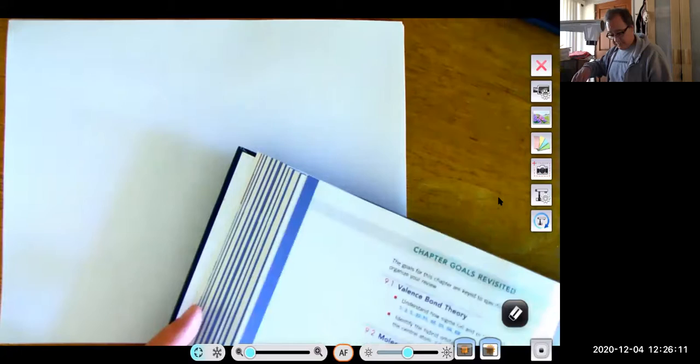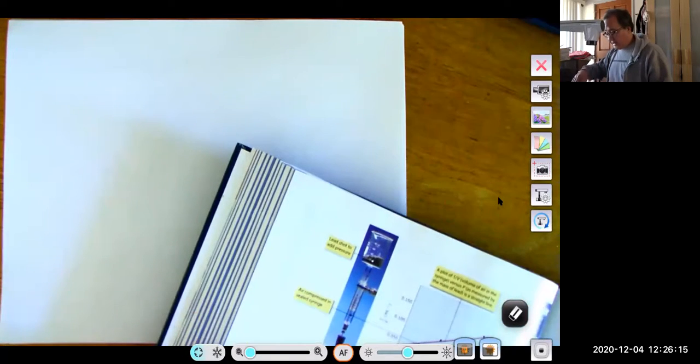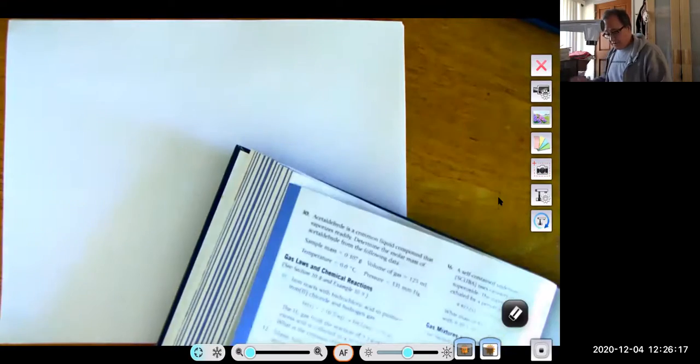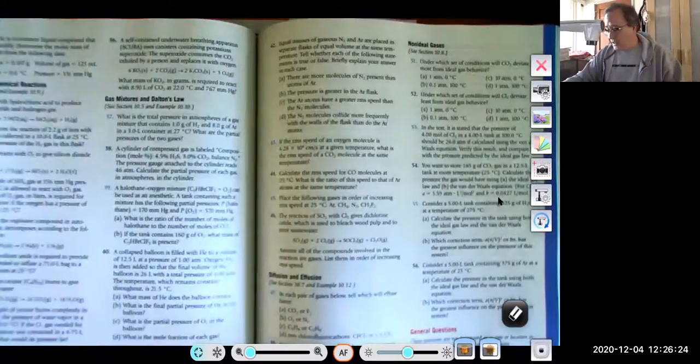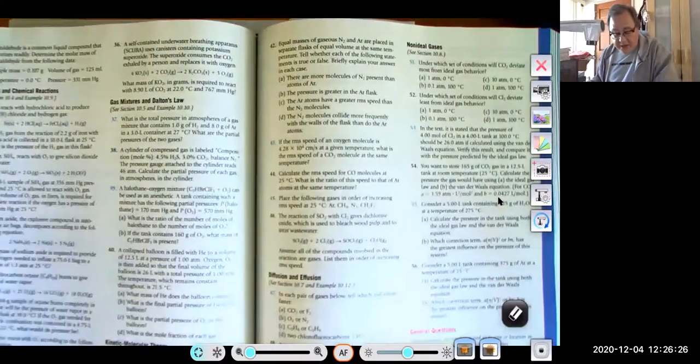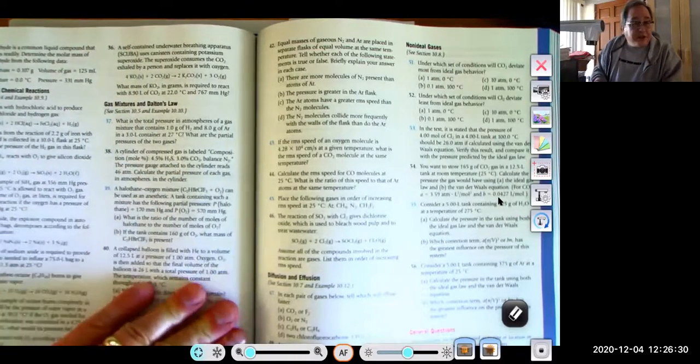And no, apparently it's chapter 10. Okay, so here you can see we've got gas mixtures and Dalton's law. Let's take a look at this problem right here. And I'm going to zoom in on this a little bit so that you can read it.